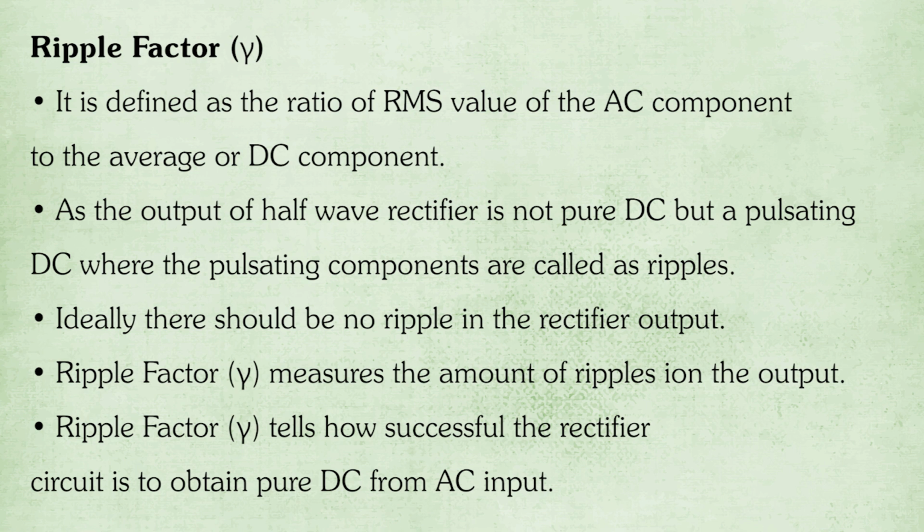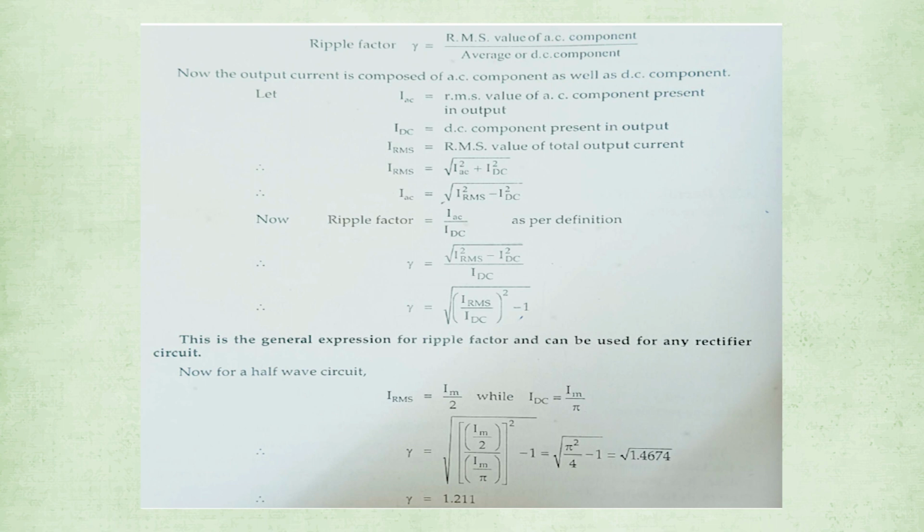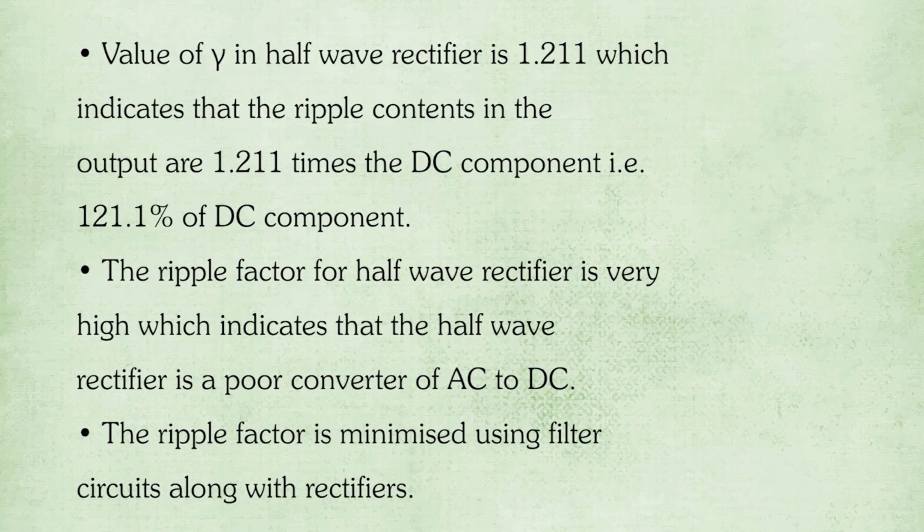So, the ripple factor will be equal to the ratio of the RMS value of the AC component divided by the average or DC component. It will give the value of the ripples present in the output. The value of gamma in a half wave rectifier is 1.211, which indicates that the ripple content in the output is 1.211 times the DC component, that is 121.1% of the DC component.